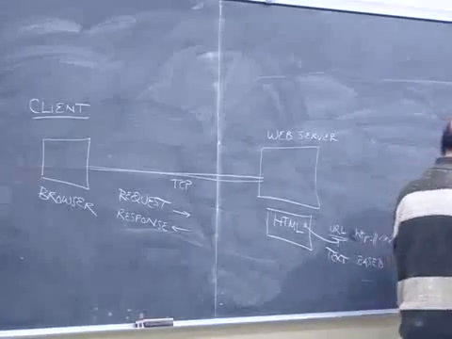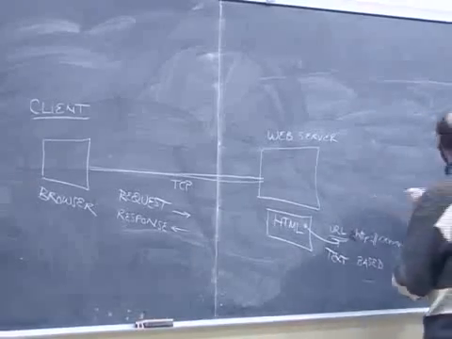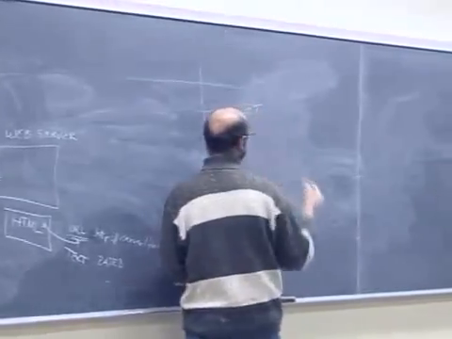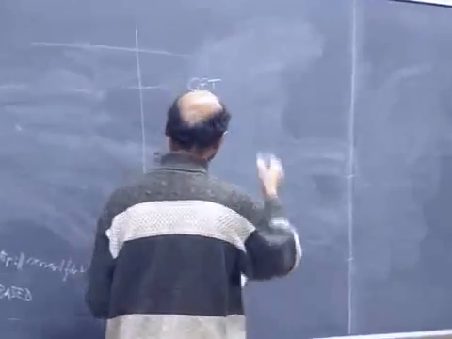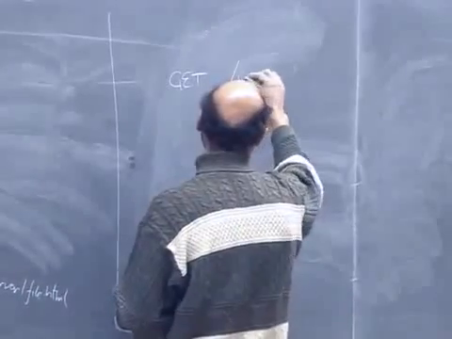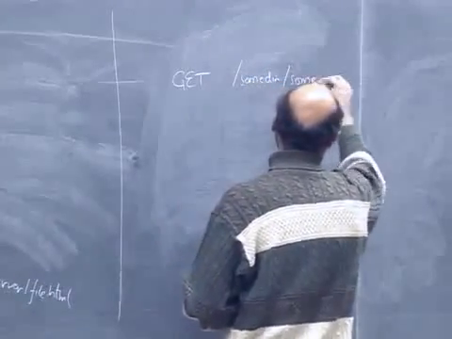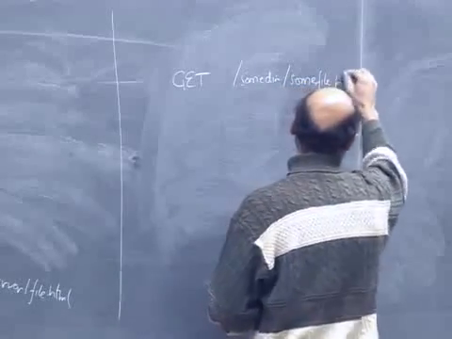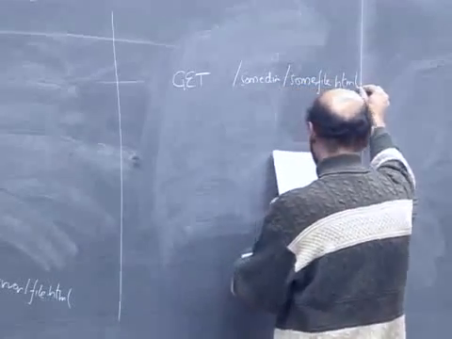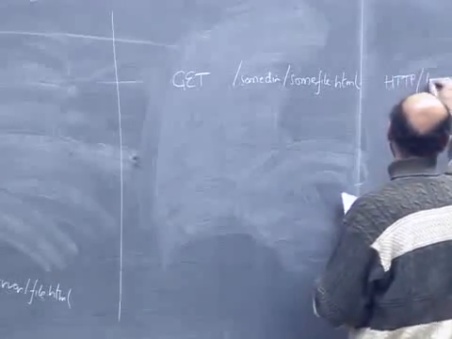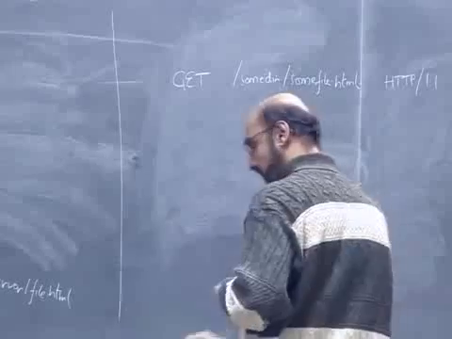So let's look at a typical request. Here's a request to get a file. You say GET, capital GET in English. It's very straightforward: GET, then some directories, some file.html, and then HTTP/1.1.